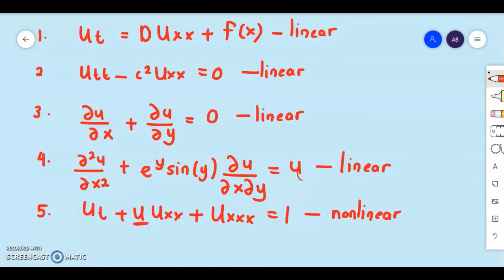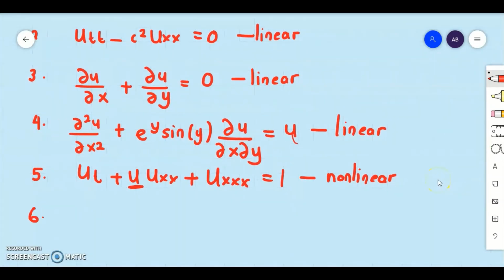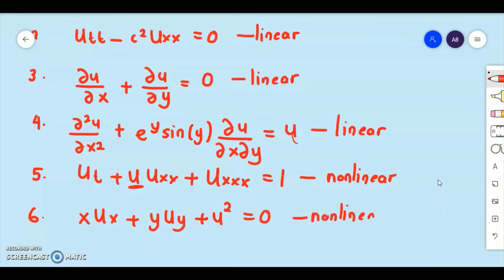Okay. Now another nonlinear equation that I can show you is this equation here. x u_x plus y u_y plus u squared equals 0. Now this is nonlinear because of my u squared. Okay. Now another nonlinear equation I can say is u_xx plus u_yy equals sin u.